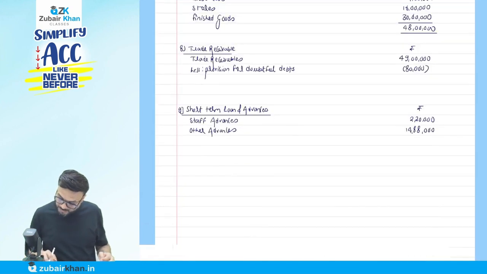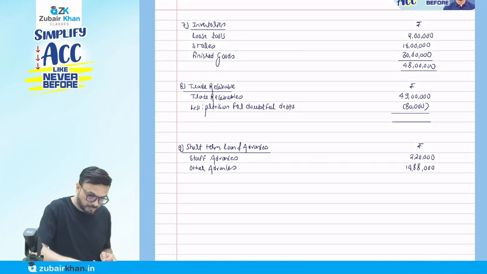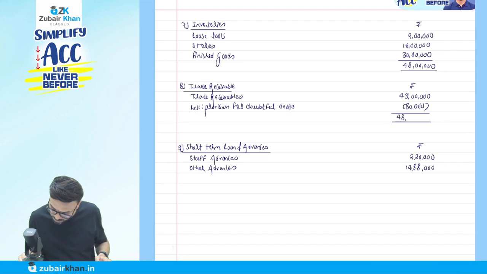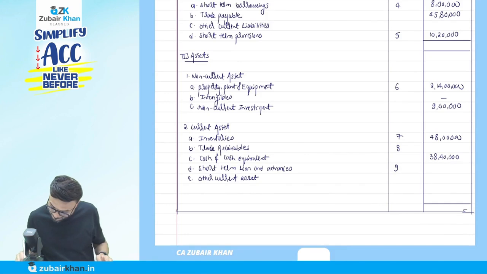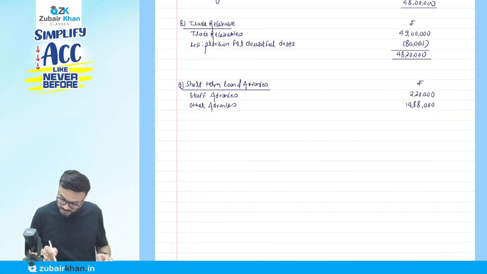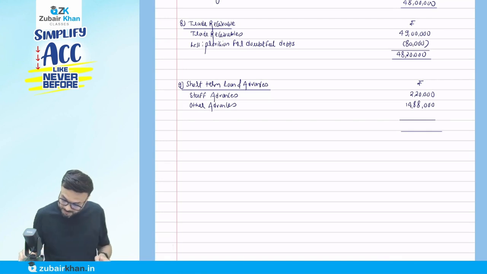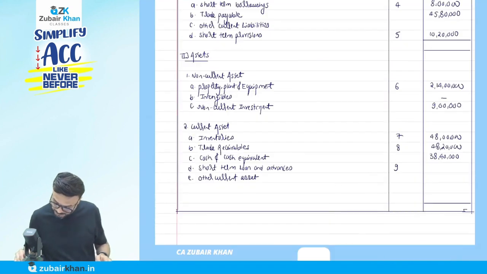Then we have trade receivable, 49 lakh minus 80,000. That is coming 48 lakh 20,000. Last is short-term loans and advances. That is 2 lakh 20,000 plus 14 lakh 88,000. That is coming here 17 lakh 8,000.